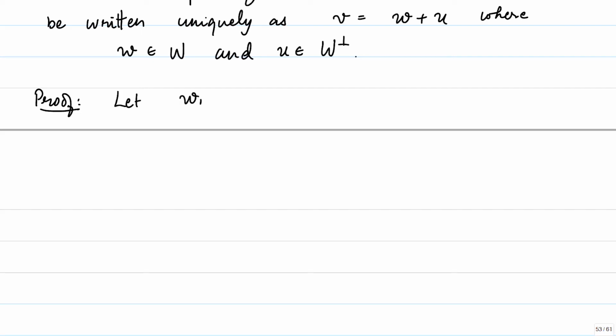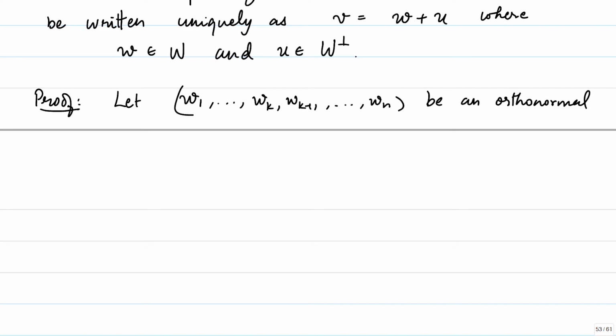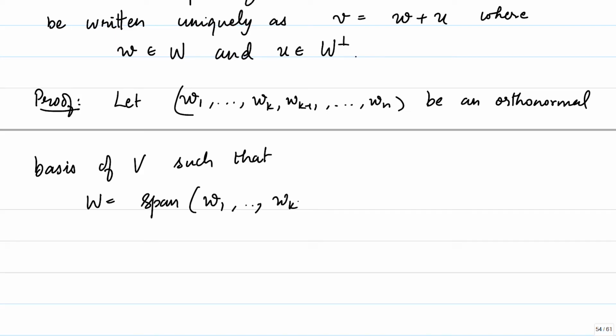Let W1 to Wk, Wk plus 1 to Wn be an orthonormal basis of capital V such that W is the span of W1 to Wk and the orthogonal complement of W is the span of Wk plus 1 to Wn.